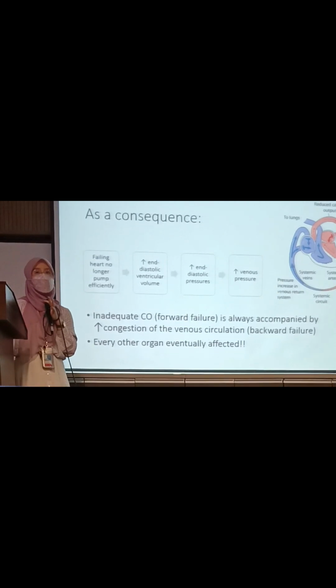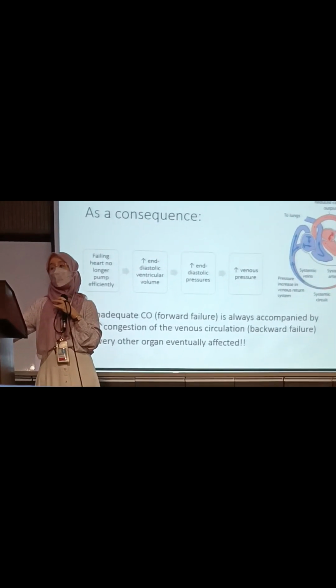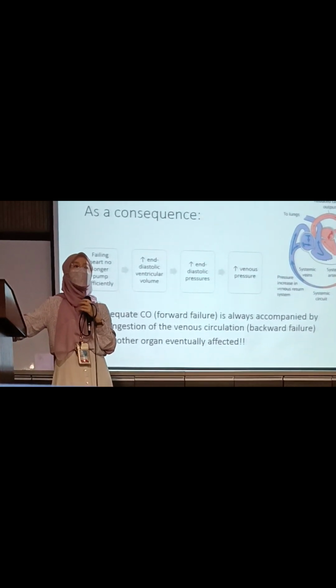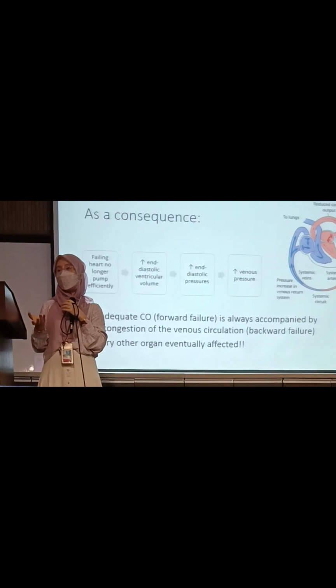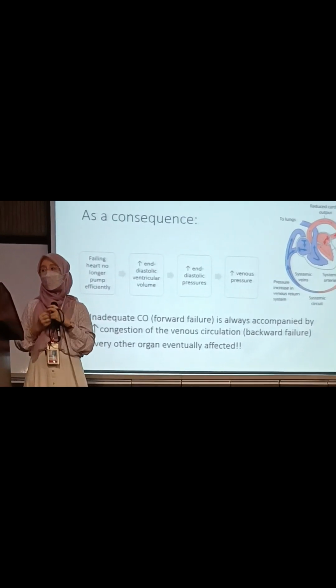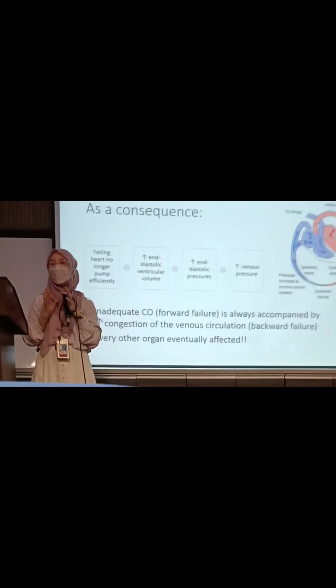So as a consequence, what will happen if the heart needs to work overtime? So heart that fails no longer be able to pump efficiently. Dia dah tak boleh dah pump ke depan. So this will increase the end-diastolic volume, and diastolic pressure will also increase, and there will be increase in the venous pressure.